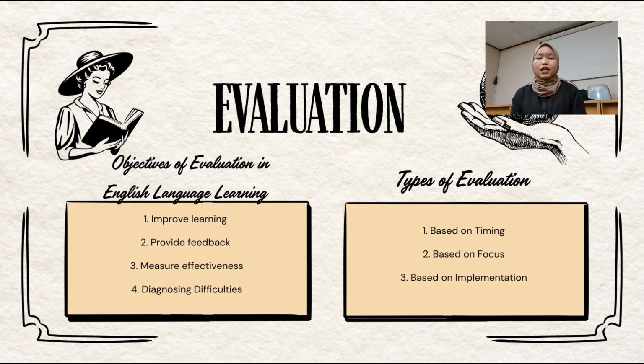The first is an objective test, using a predetermined answer format, like multiple choice or true and false. B, subjective test. It allows students to provide more elaborate answers, like essays and presentations. And then the third, C, is performance evaluation. It is assessing students' ability to perform practical tasks like role play and simulation.